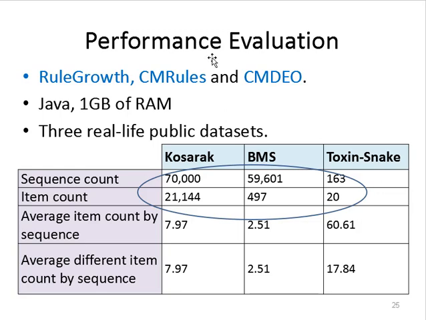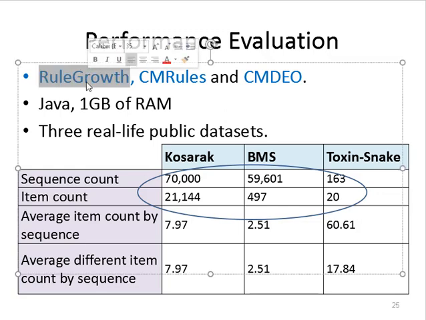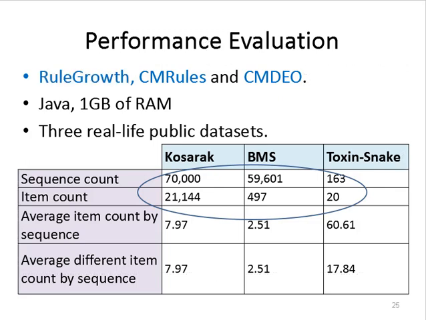So here we did some performance evaluation. We compared the new algorithm RuleGrowth with the two other algorithms, CMRules and CMDO. We used Java, with 1 GB of RAM, and some public sequence databases.